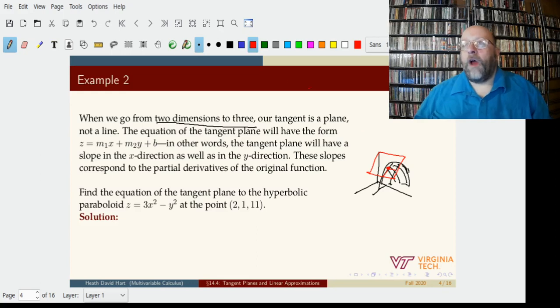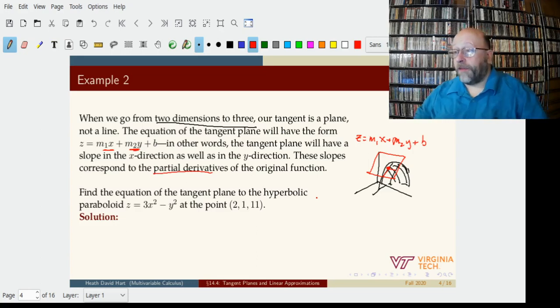Well, we can write the equation of a plane in the form z equals a slope in the x direction times x and a slope in the y direction times y plus b. In other words, it looks like the equation of a line, but we have an x term and a y term. We have a slope and a variable for both inputs. And these slopes correspond to the partial derivatives of the original function. And we know how to do partial derivatives now. This is something we did last time. So let's give this a try.